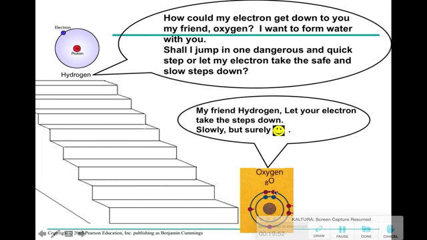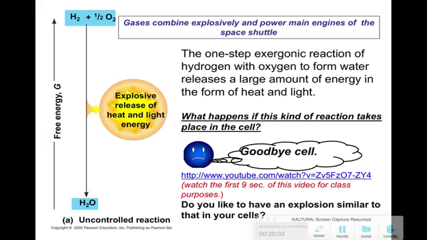And when hydrogen atoms reach oxygen, they are quite low in energy, and it does not result in any explosion. The energy released when hydrogen atoms mix with oxygen and water is formed is so explosive that this is actually the power that is used for launching the space shuttles.